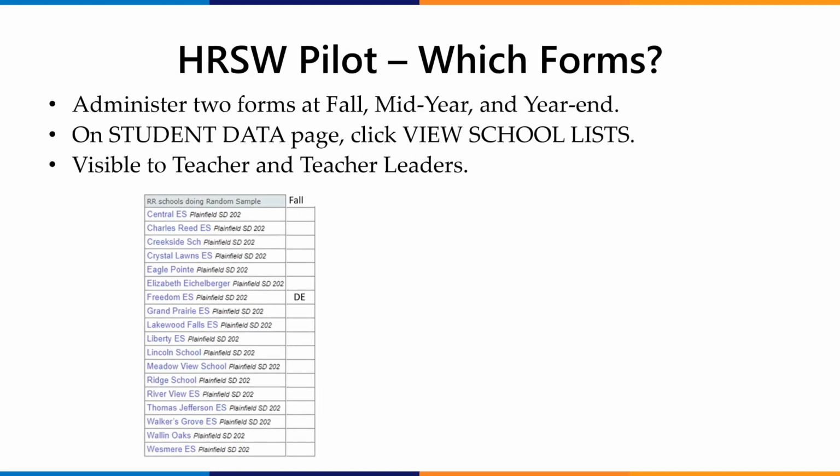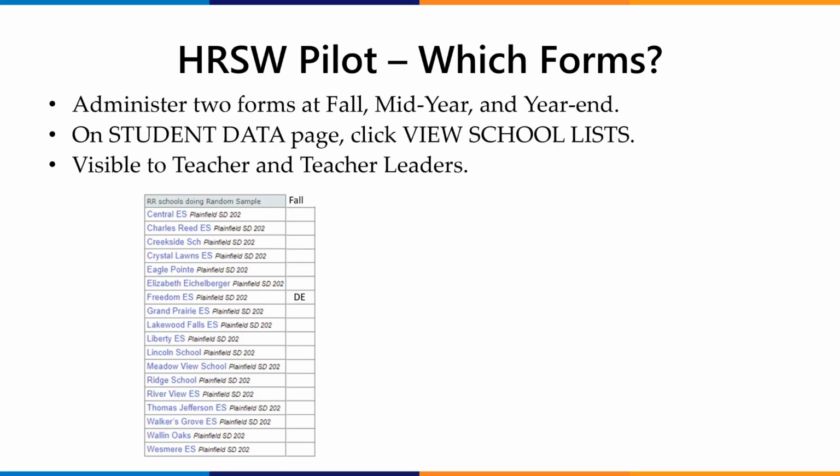In the fall, on September 10th, for schools that are participating in the study, this fall column will appear. If a school has been selected, like Freedom Elementary School here, we know it's been selected because they will be using Forms D and E in the fall to assess their 2 students in the random sample.